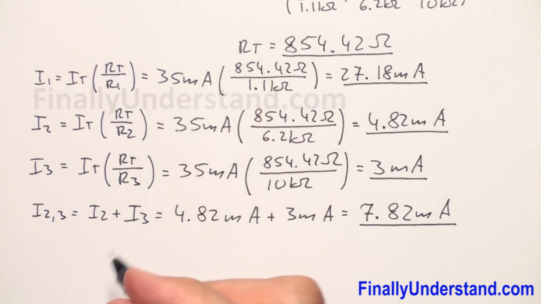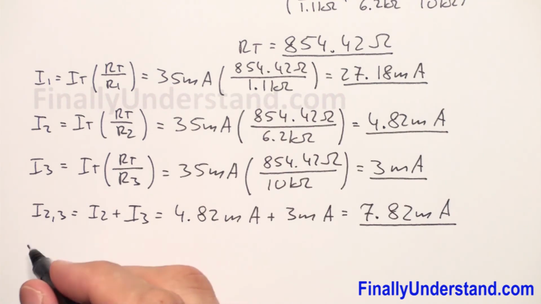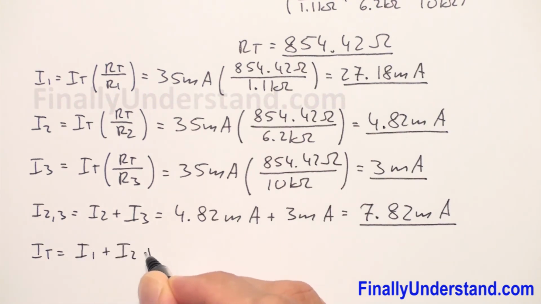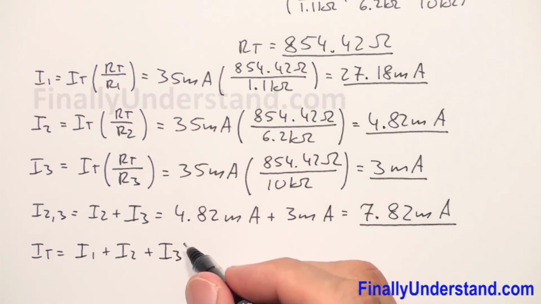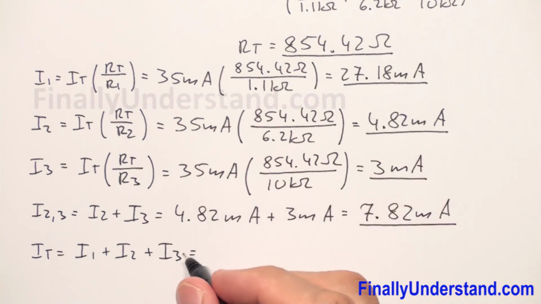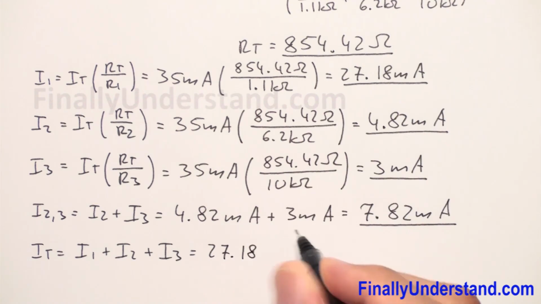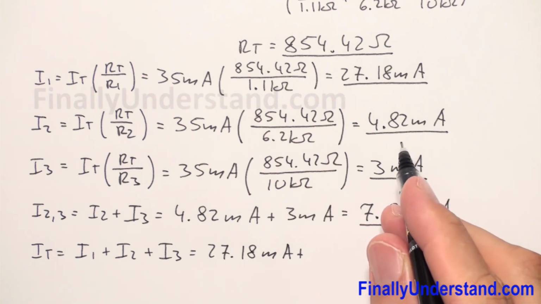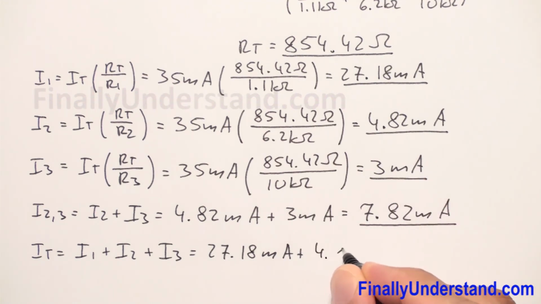Okay, let's check if our calculations are okay. In order to prove it, we're supposed to use KCL, Kirchhoff's current law, which says I total is equal to I1 plus I2 plus I3. I1 we found is equal to 27.18 milliamps, plus I2, which is 4.82 milliamps, plus I3, which is 3 milliamps.